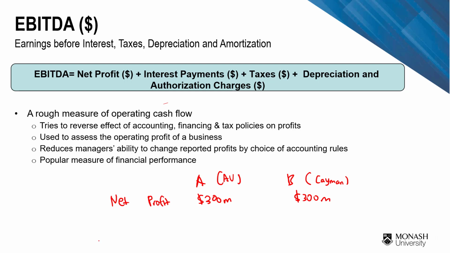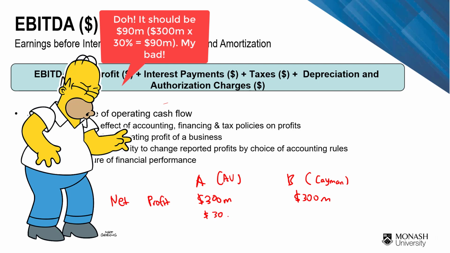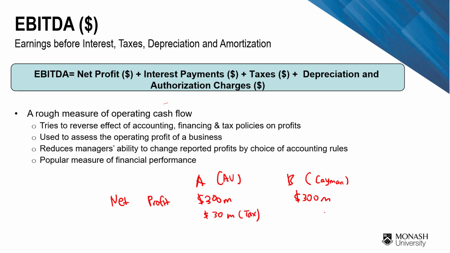Now, in here, if you think about it, this company should have already paid, let's say, 30 million in tax. And in here, you have 0 million tax because it's tax-free in the Caribbean.